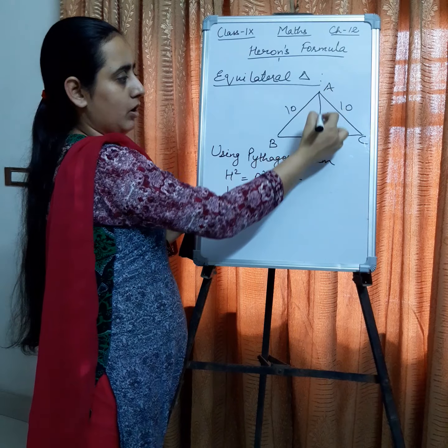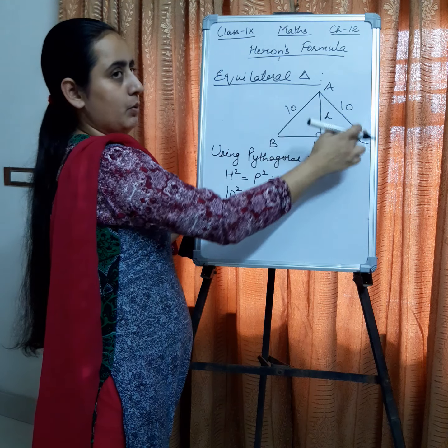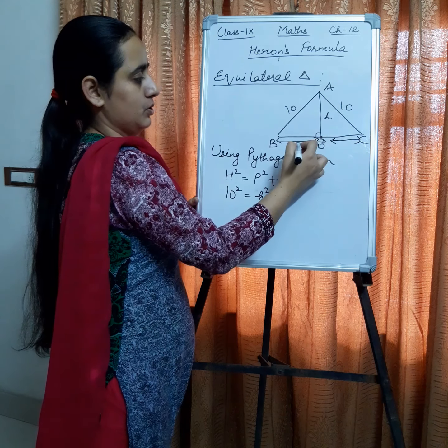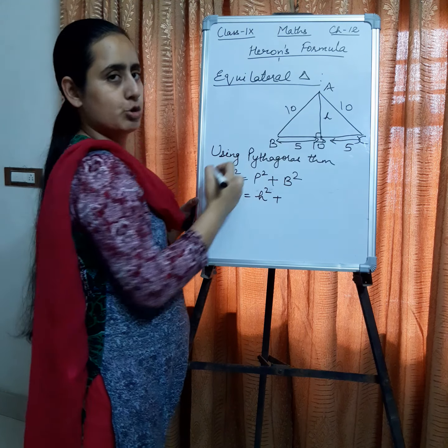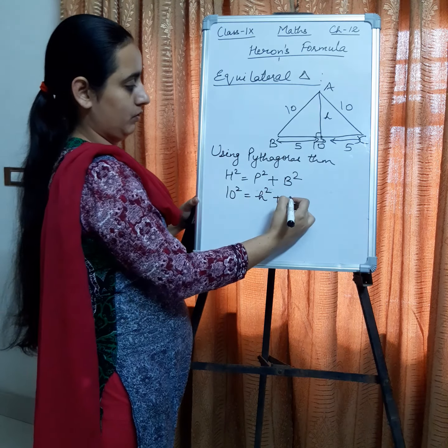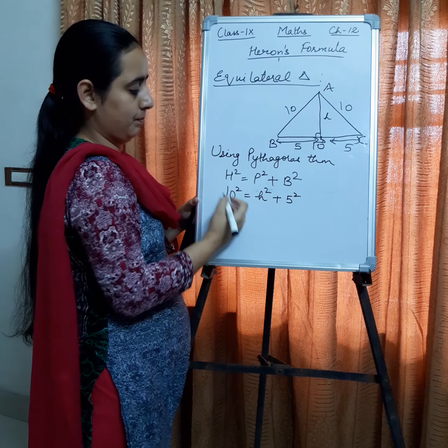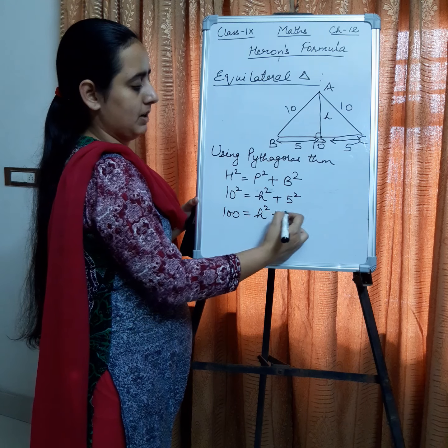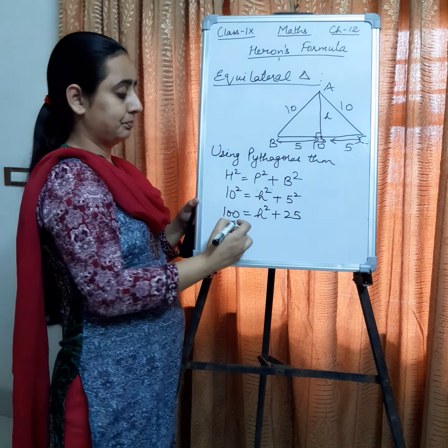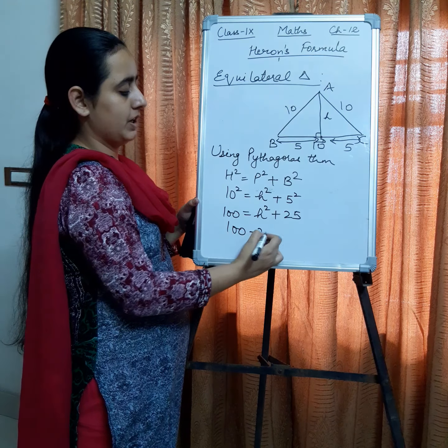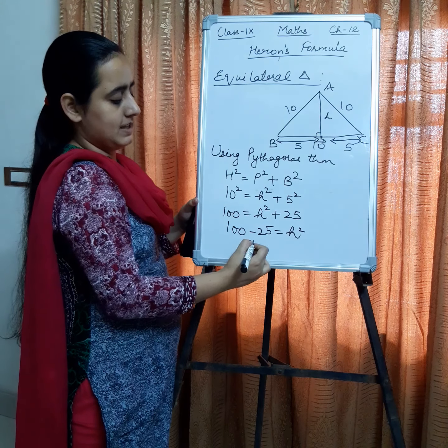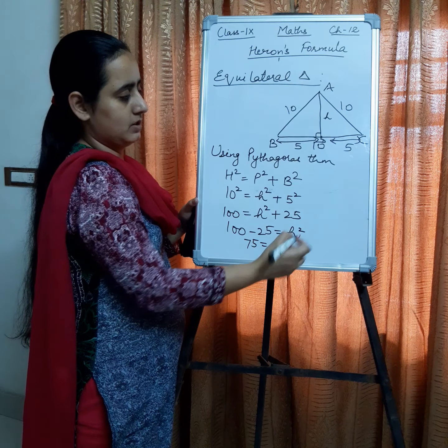Now when we draw a perpendicular in an equilateral triangle, it divides the base into two equal parts. So this will be 5 and this will also be 5. So we can write it as 5 square. So it will become 100 is equal to H square plus 25. 100 minus 25 is equal to H square. 75 is equal to H square.